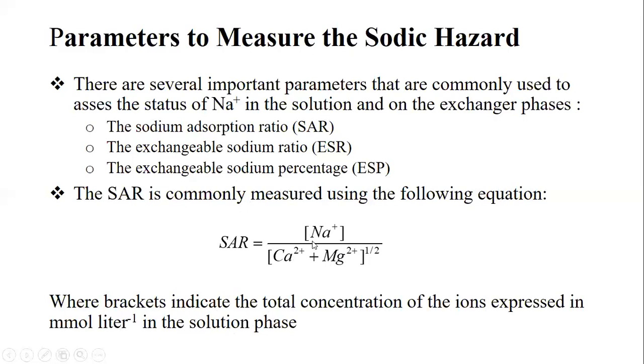It does not have anything to do with the soil system itself. We don't mention anything about exchangeable sodium. So although it's an indication of how much sodium you have with respect to these two, and it will reflect on how much will be on the exchange, its calculation does not involve anything about the adsorbed sodium.